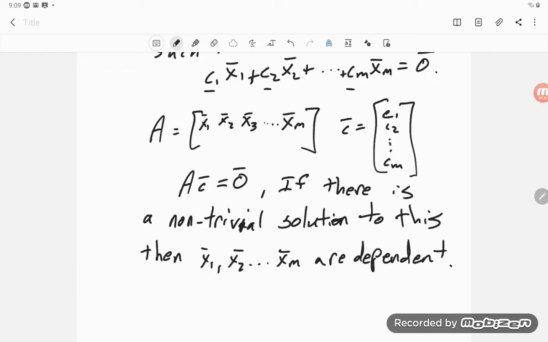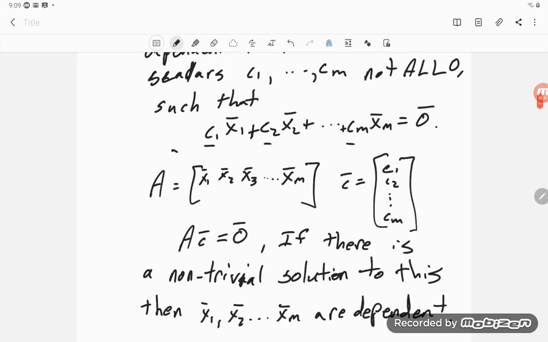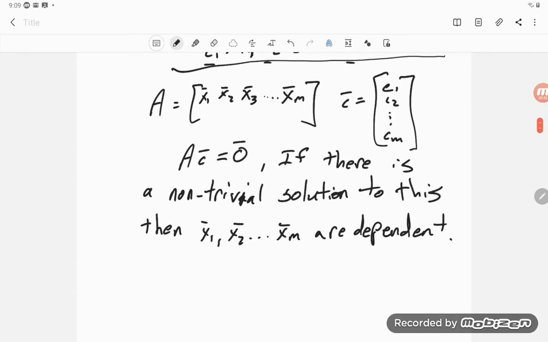Okay, so you can think of it this way with our linear combination of the vectors, or you can think of it as columns of a matrix. I have columns of a matrix, and I'm looking to see if there is a non-trivial solution to a homogeneous equation.